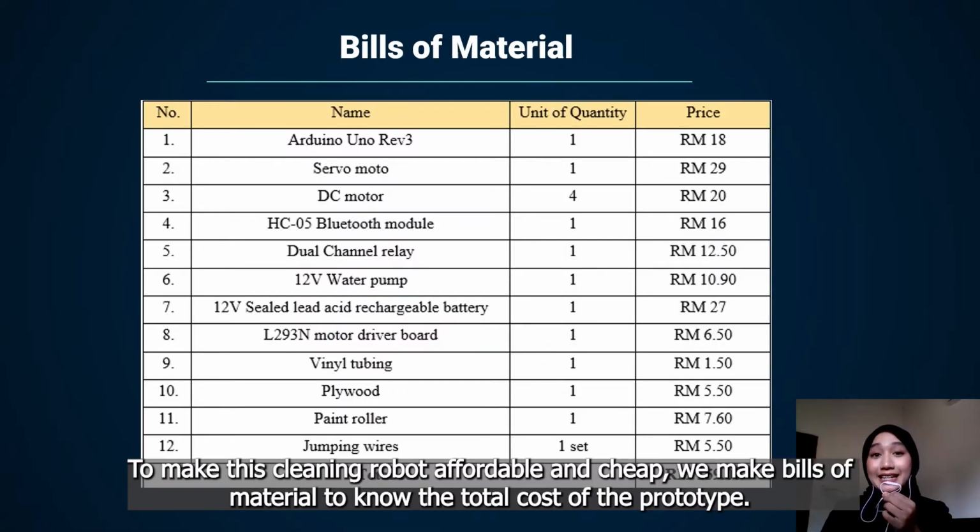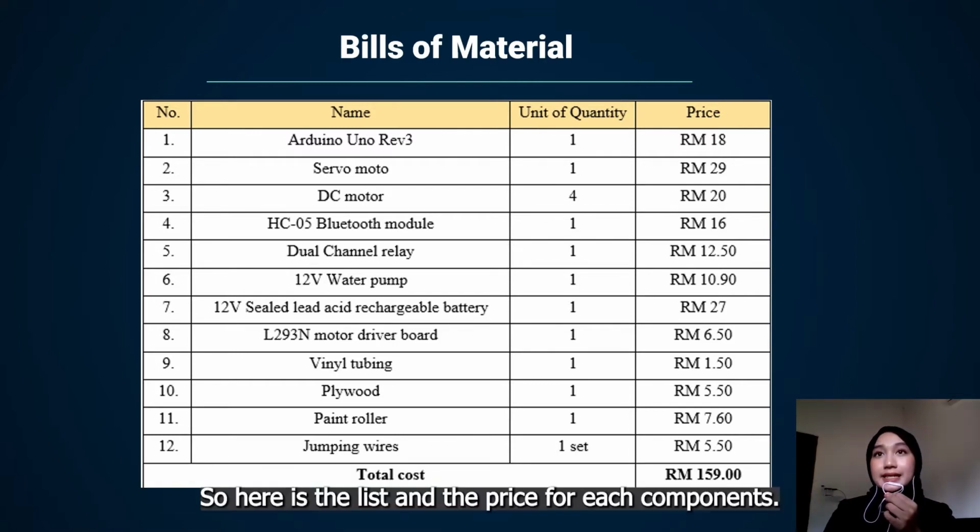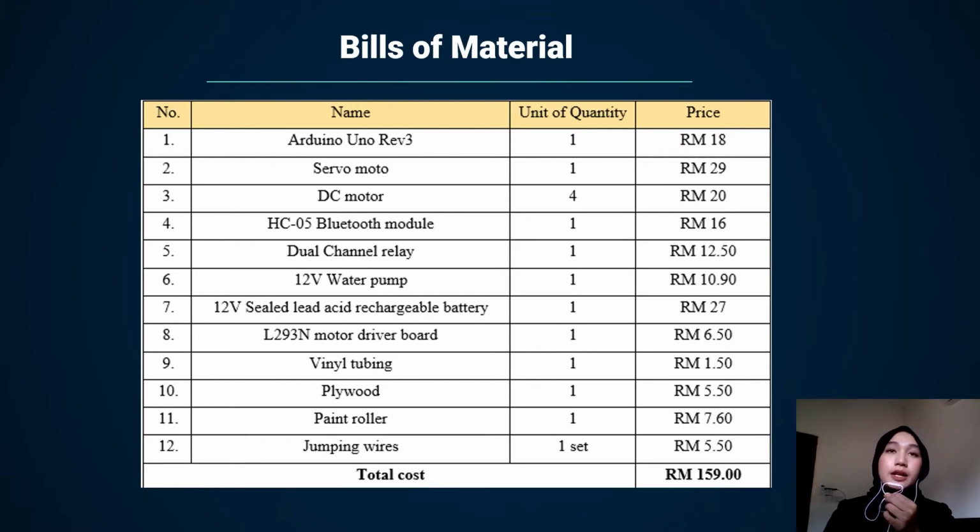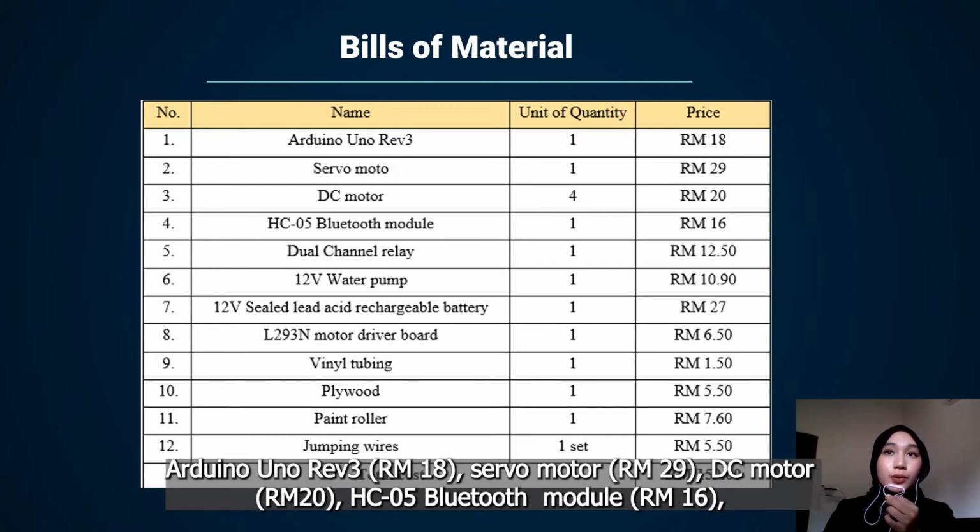To make this cleaning robot affordable and cheap, we made this bill of materials to know the total cost of this project. So here's the list and the price for each component. The first one is the Arduino Uno, which only costs 18 ringgit.